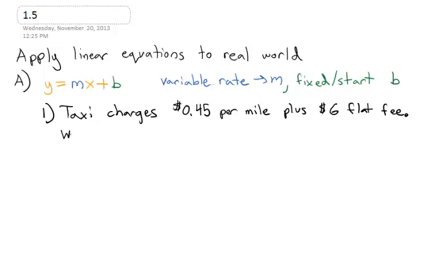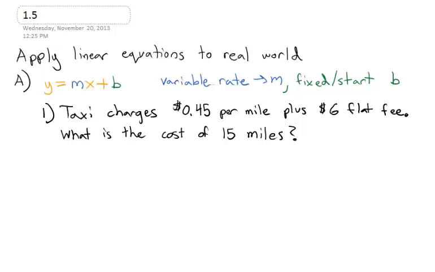I want to know what is the cost of 15 miles. A couple things we need to identify from this equation is, can we tell what the y-intercept is, the starting value? Can we tell what the variable rate is, the slope?